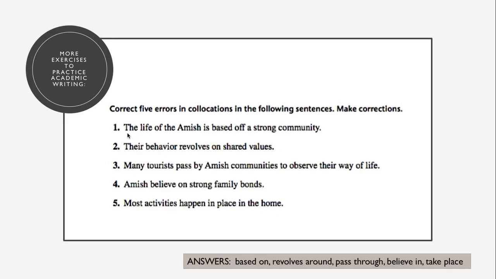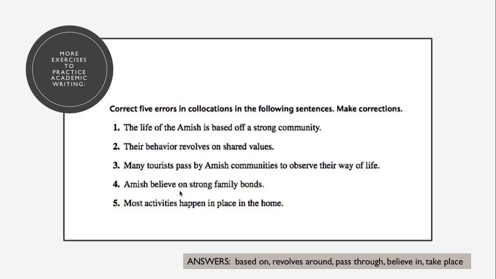All right. The life of the Amish is based on a strong community. It's not based off, it's based on. This is a collocation. Their behavior revolves around shared values. Revolves around. Many tourists pass through Amish communities to observe their way of life.